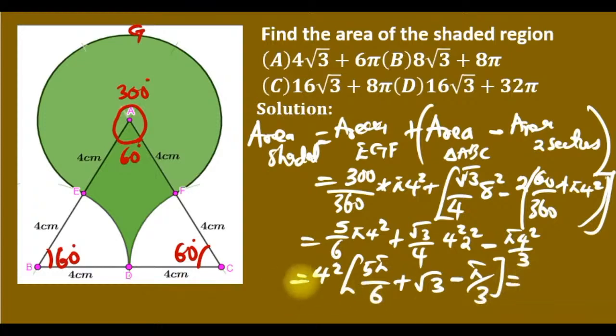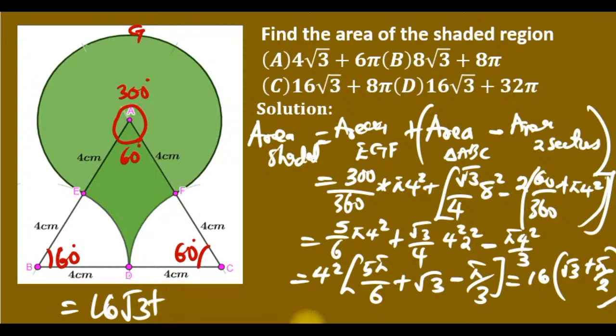So we are left with 4 squared, which is 16, times root 3, plus pi over 2. Once we open this up, 16 times root 3 is 16 root 3, and 16 times pi over 2 is 8 pi. So our answer is option C.